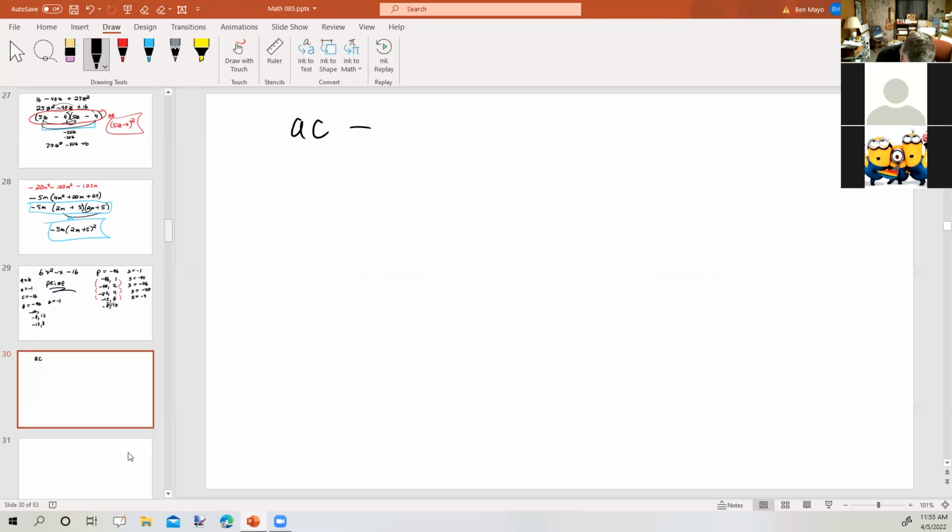AC plus BF plus AF plus BE. Well, there's no greatest common factor other than 1, so let's try grouping. What's the greatest common factor of the first two terms? Just a 1.